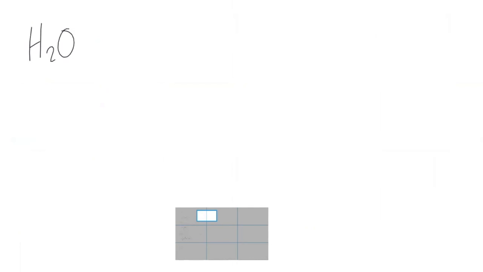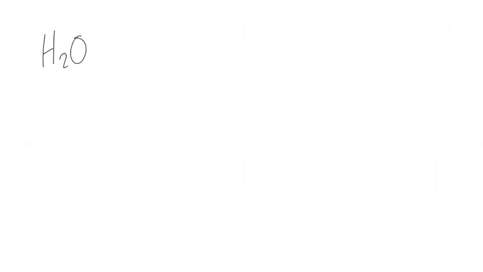All right, step 1, let's count our electrons. I've got 2 hydrogens, 1 plus 1 plus 6. I have a total of 8. All right, the atom that appears once goes in the middle. Oxygen, hydrogen, hydrogen. All right, and then what do I do from there?